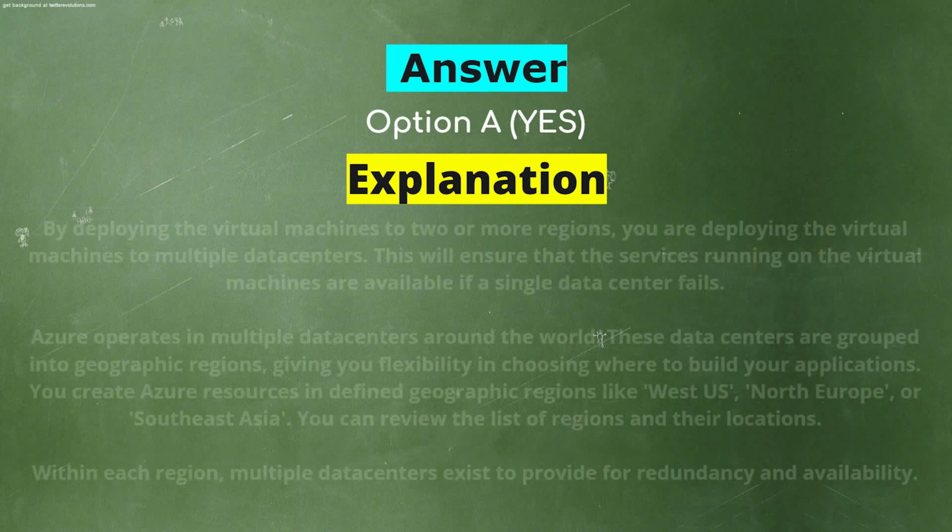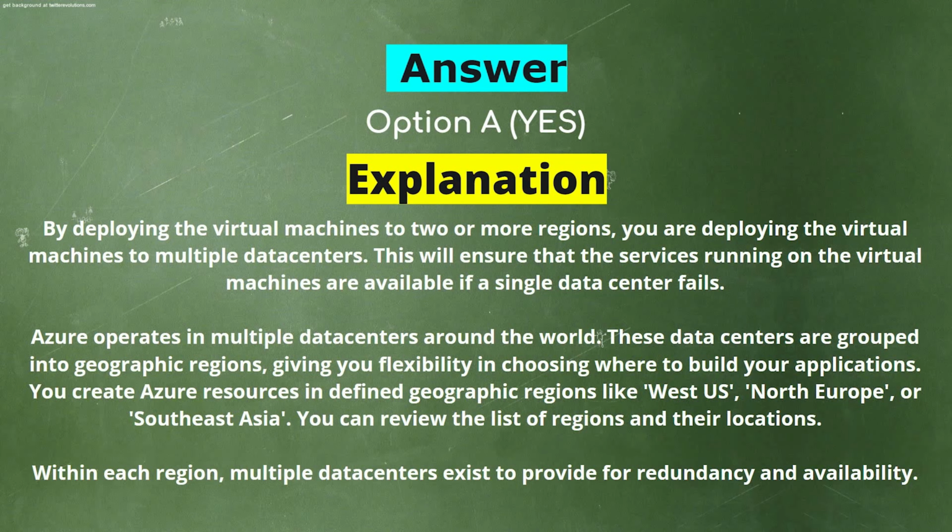Explanation. By deploying the virtual machines to 2 or more regions, you are deploying the virtual machines to multiple data centers. This will ensure that the services running on the virtual machines are available if a single data center fails. Azure operates in multiple data centers around the world.